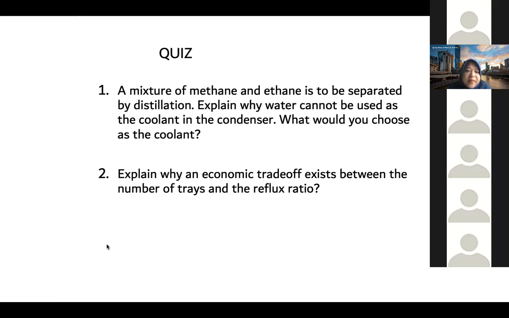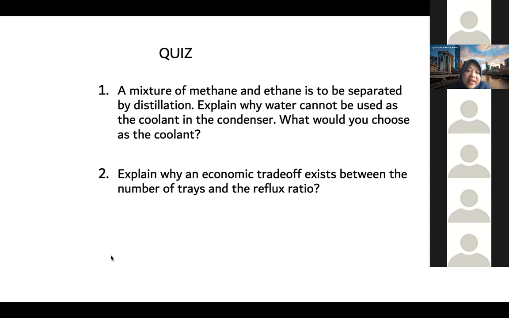Can I try, Bu? Okay, Kevin. I'm also kind of confused by it, but my line of thought is that methane and ethane normally run at really low temperatures, and water will turn into ice, I guess. That's why you can't use water, but I don't know, Bu. Yeah, that's right. You have to be more confident. Of course, you need to check.